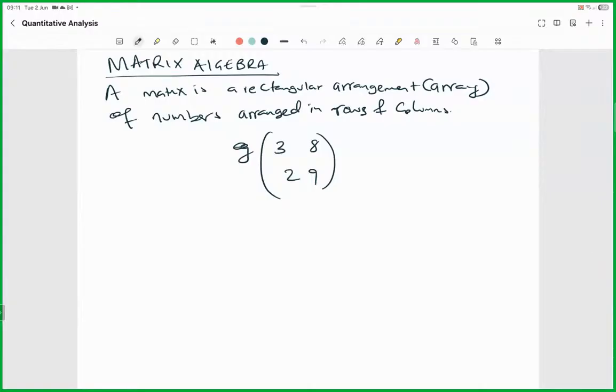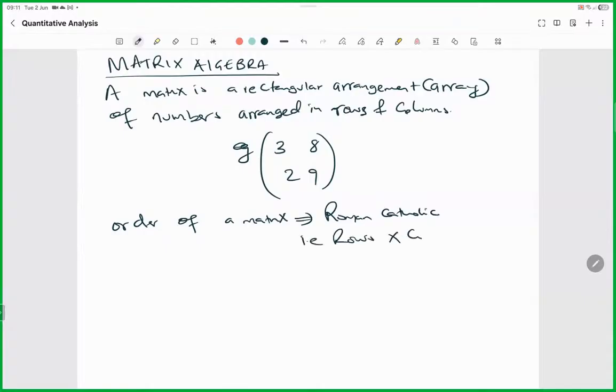Now, the order of a matrix. We normally write it as rows by columns.